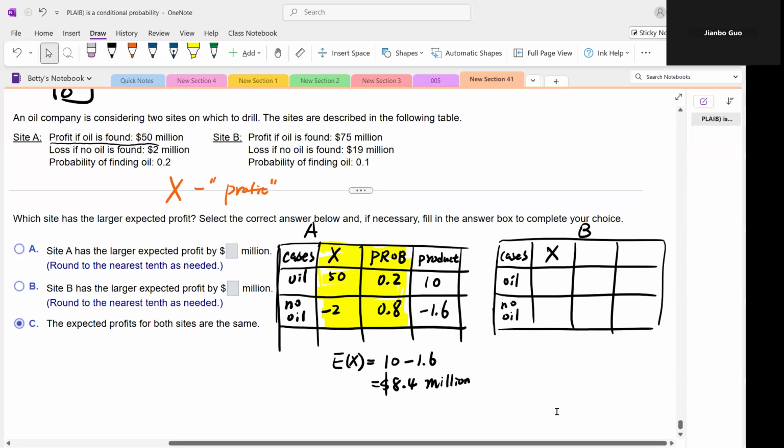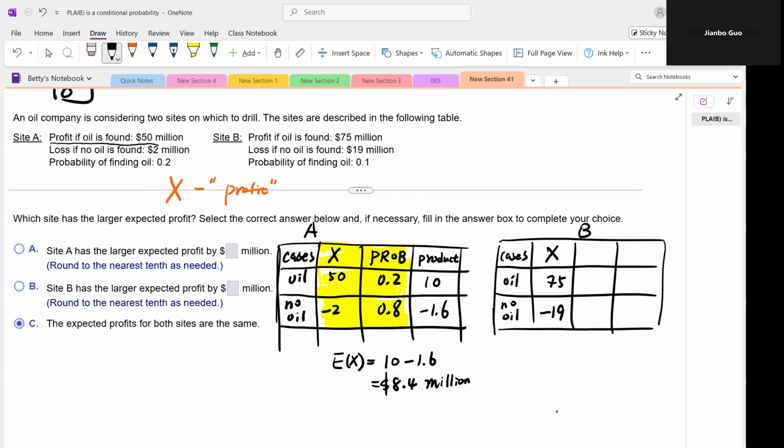Profit if oil is found is 75 million. If the oil is not found in site B, the loss is 19 million. So the profit is negative 19. Next column is the probabilities for each case. When the oil is found, what's the chance?